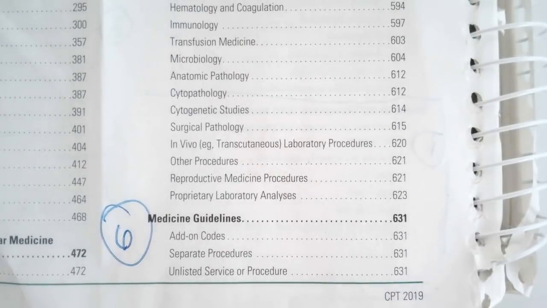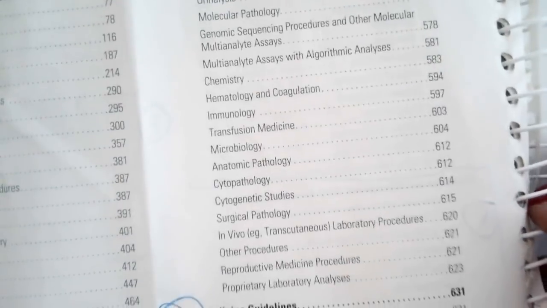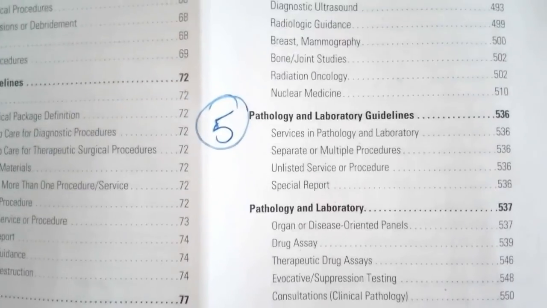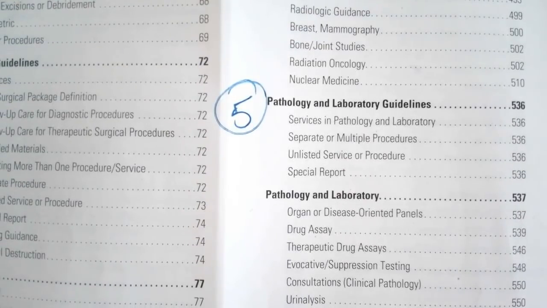Next, what you'll want to know is that each of these 6 sections actually begins with guidelines. So many of you may be familiar with the other code sets, ICD-10-CM, ICD-10-PCS, and you may recall with those systems that the guidelines are contained in the front of the manual. CPT, guys, is a little different.